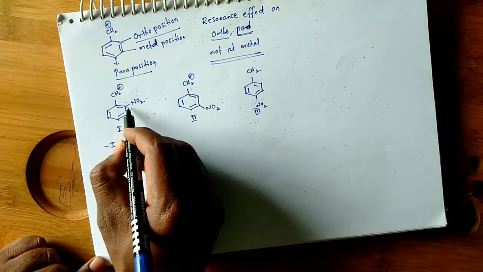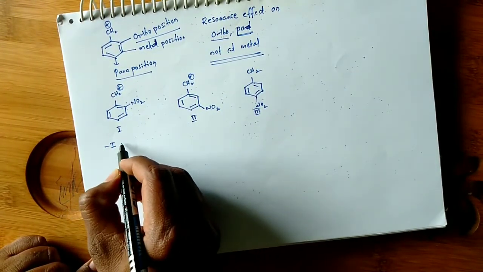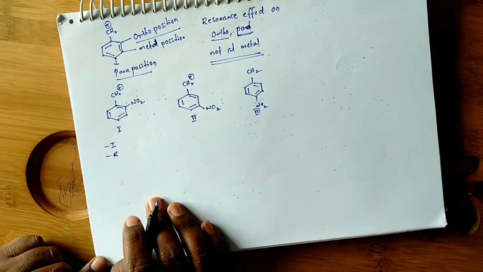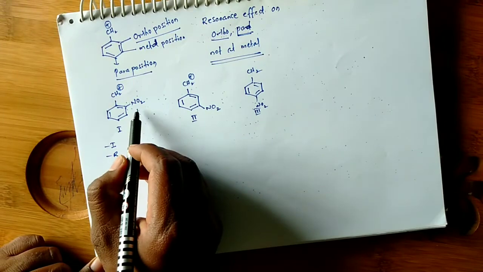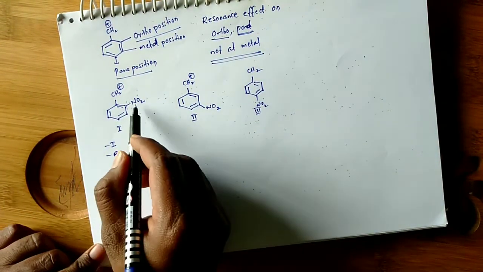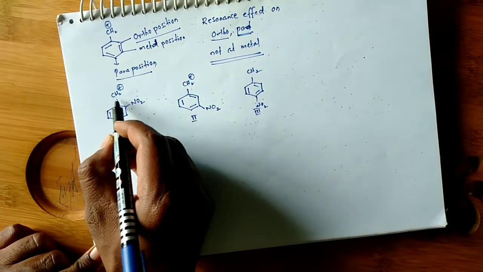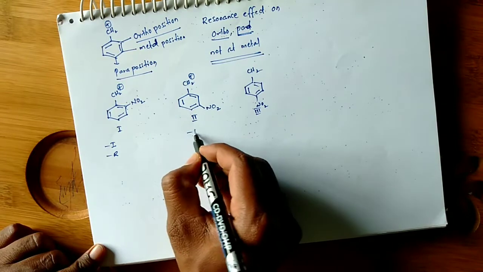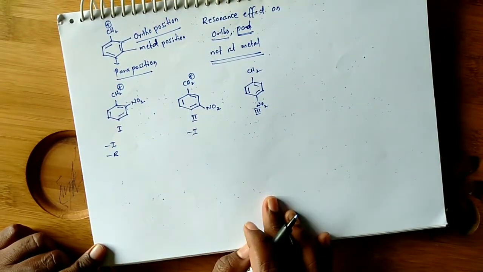Okay, so at this position, minus I effect is there and minus R effect is there, both are there. Both effects withdraw the electrons, so both are destabilizing the carbocation. But in the case of 2, there is only minus I effect, there is no minus R effect.